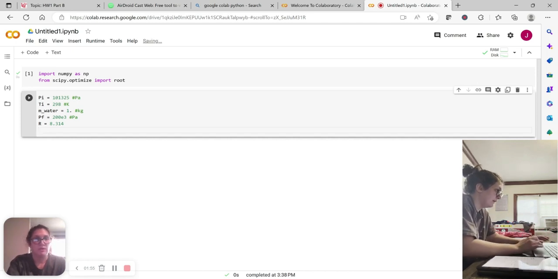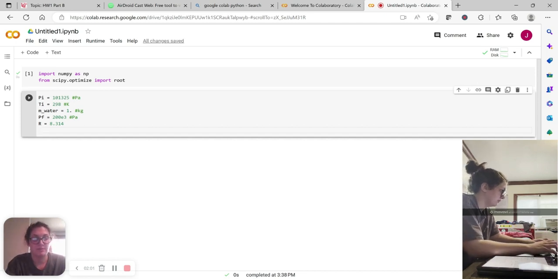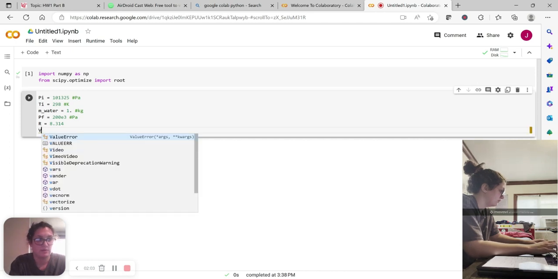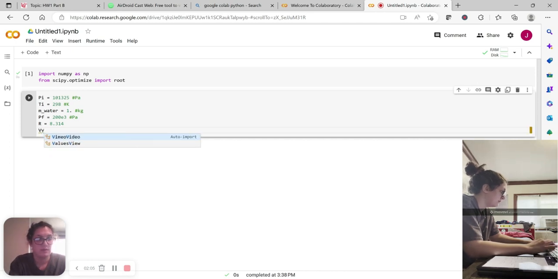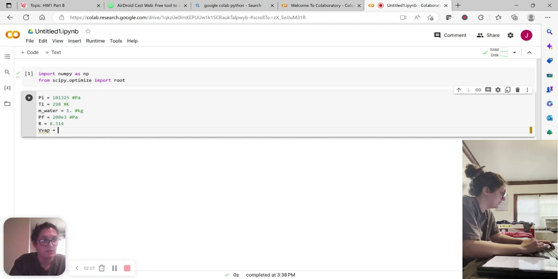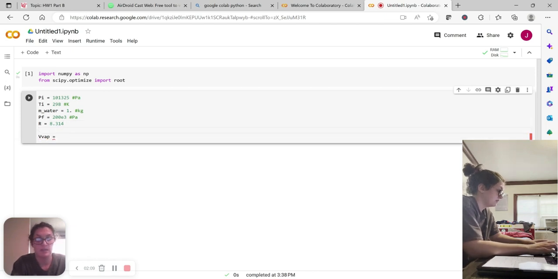So like we did in B1, we are going to need to solve for the volume of the vapor phase. So volume vapor, which reminds me that we were given the total volume, which was 0.1 meters cubed.